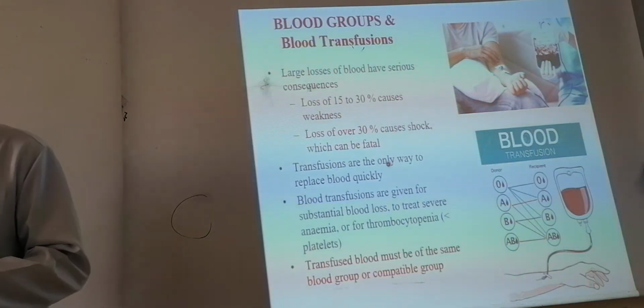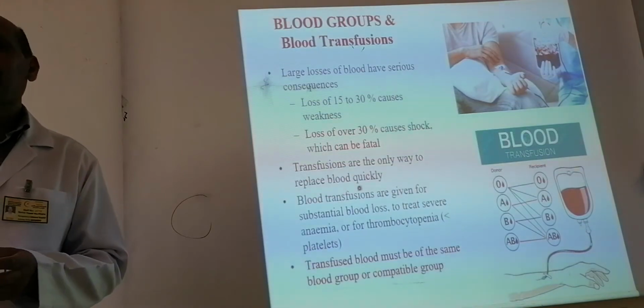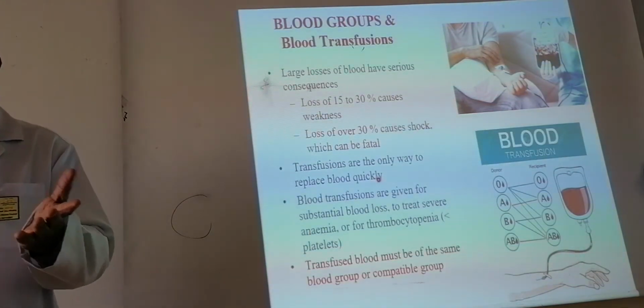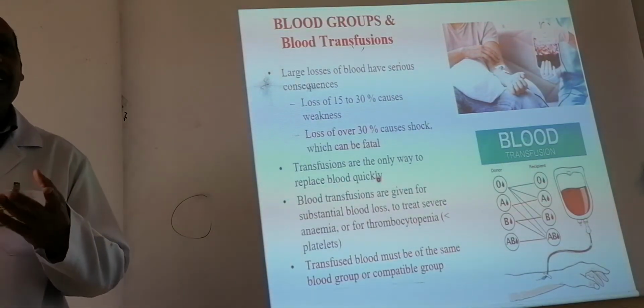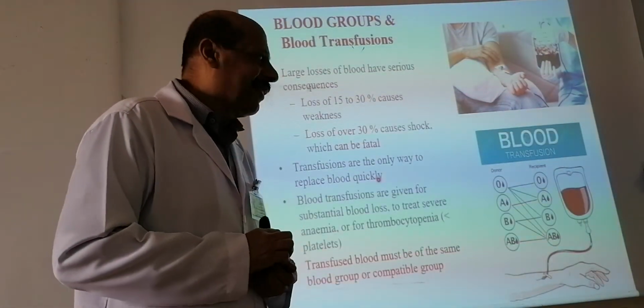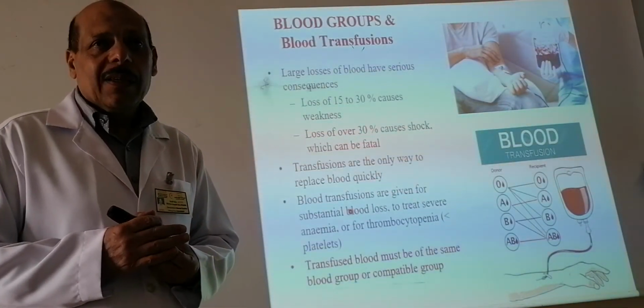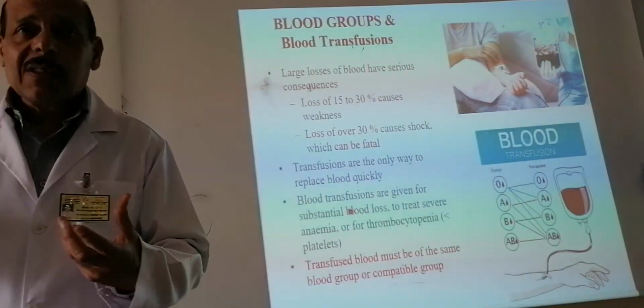Okay, so what is the difference? What's the O? What's the B? What do we mean by that? It is antigen. So it is related to certain antigens. There are antigens and antibodies in our body.